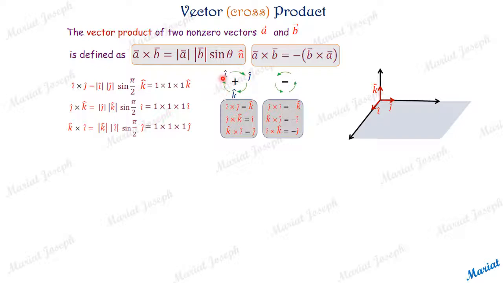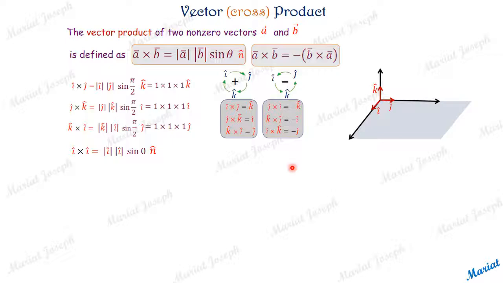So if you're taking in this direction, the third element will be the result. Whereas if you take it in the reverse order, j, i, k, then the vectors formed will be negative. That is, j cross i is minus k, i cross k is minus j, k cross j is minus i. So these 6 results are ready now.